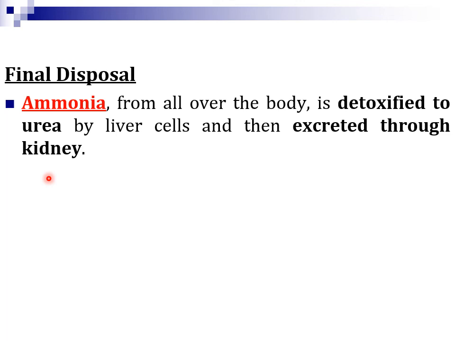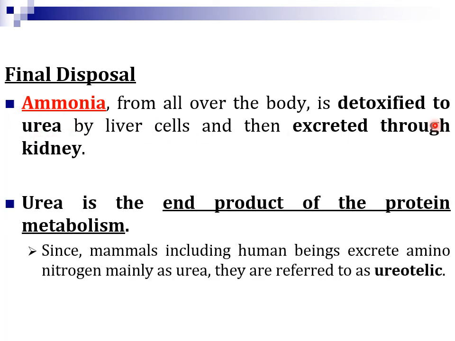Urea is synthesized in the liver, and after synthesis it is excreted through the kidney. So urea is the end product of protein metabolism. Since mammals, including human beings, excrete amino nitrogen mainly as urea, they are referred to as ureotelic.